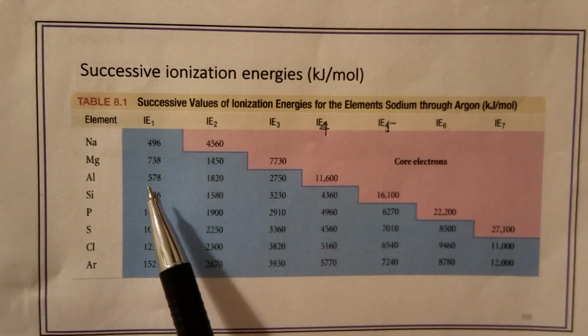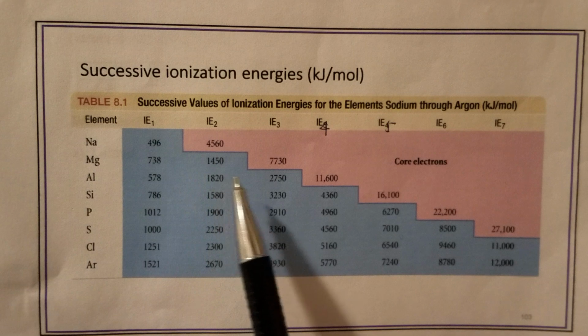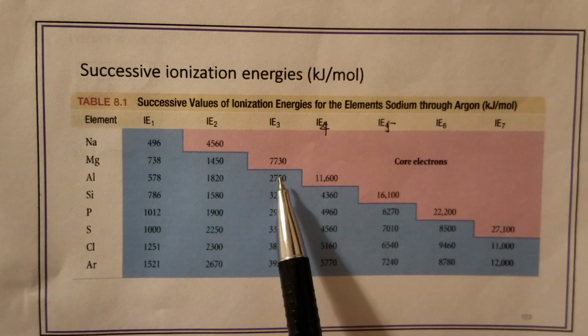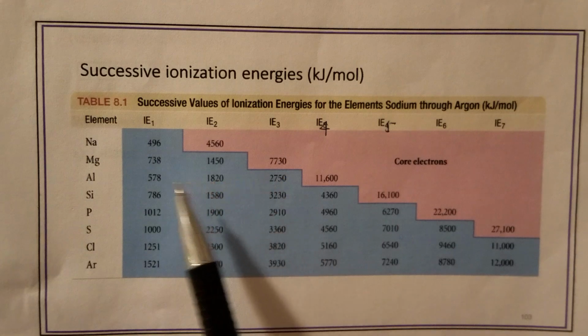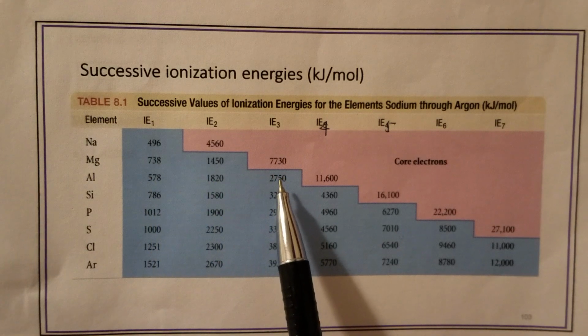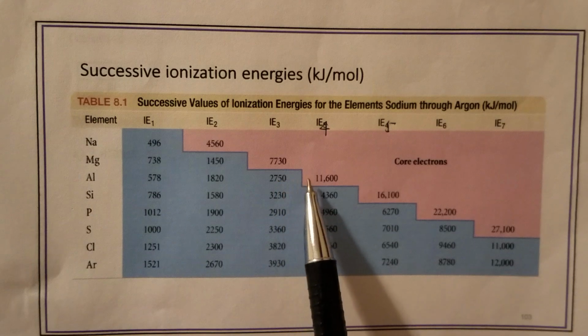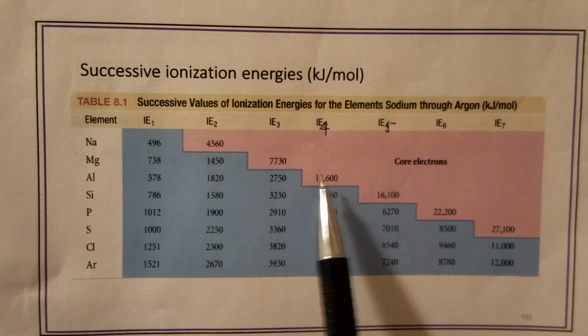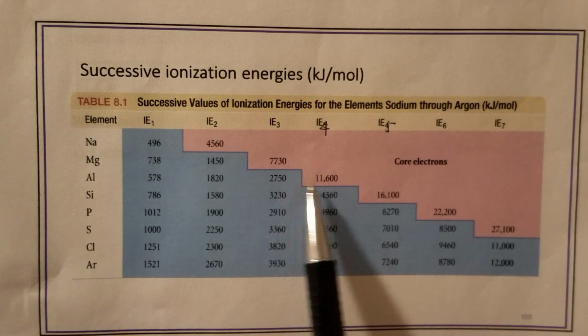And then you see aluminum is group 3A, just like boron. A group 3A element is relatively easier to lose the first 3 electrons, but for the fourth one, you have to remove one of the core electrons. So the energy jump is huge.